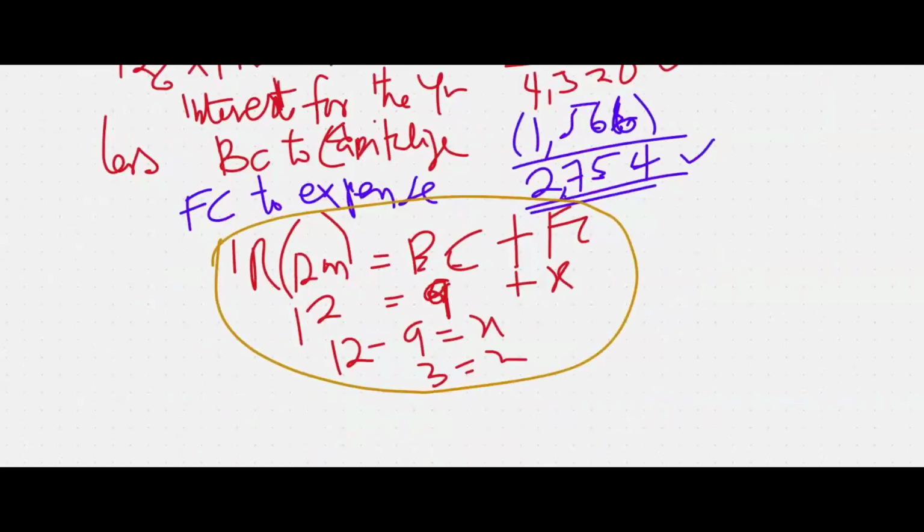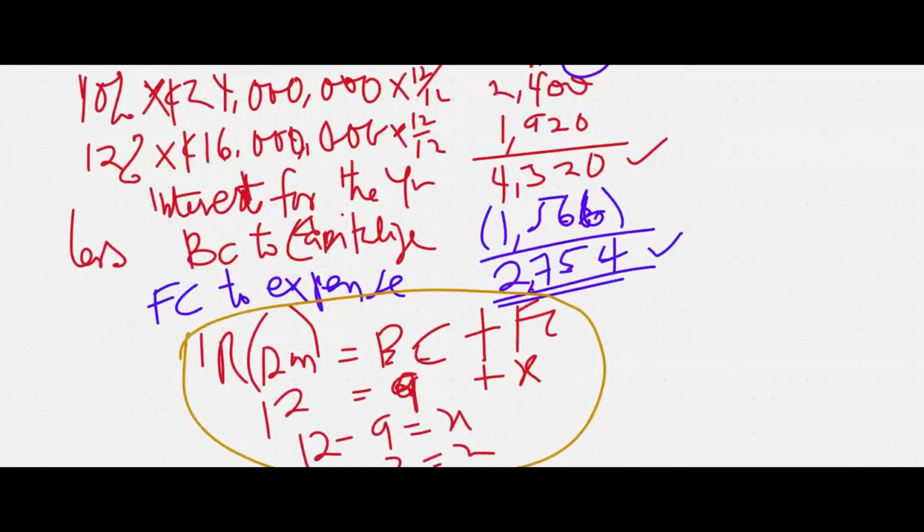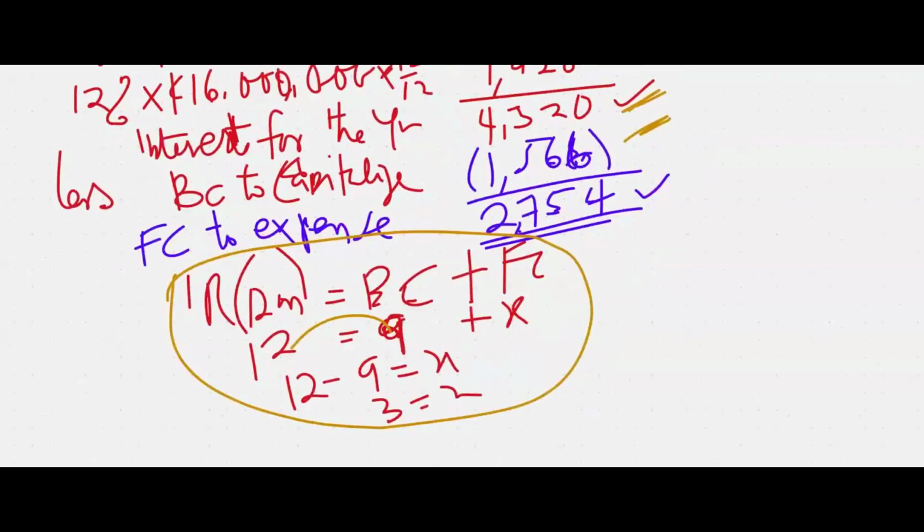We take the 9 from the 12, and the difference gives us the finance cost, so that 12 is equal to 9 plus 3.